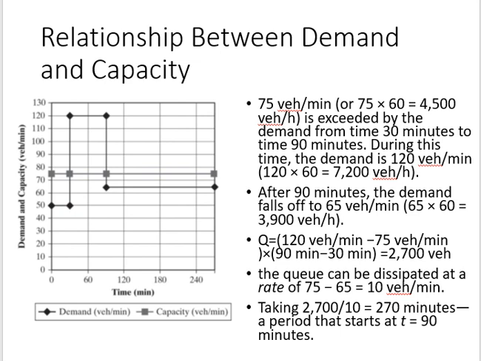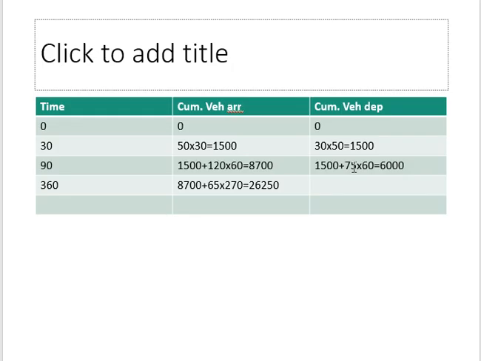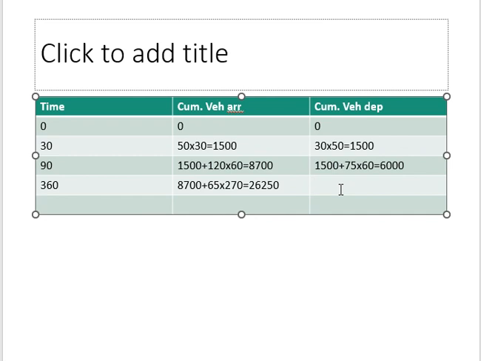So they are leaving at 75 still. Until there is a queue, you will keep on going at 75 until you clear the queue. You cannot go below 75, right? Clear?